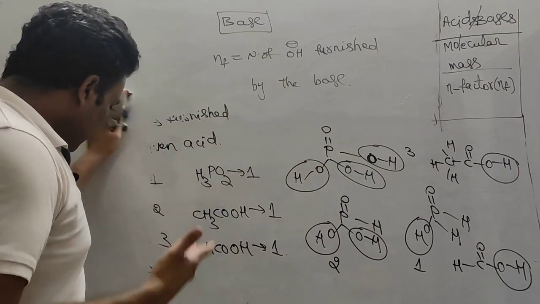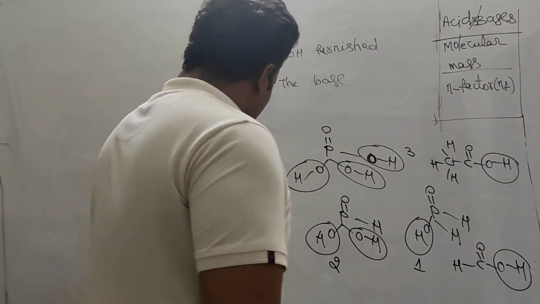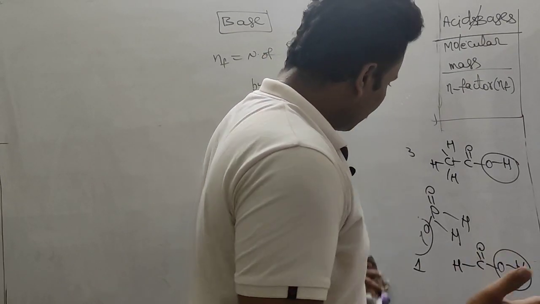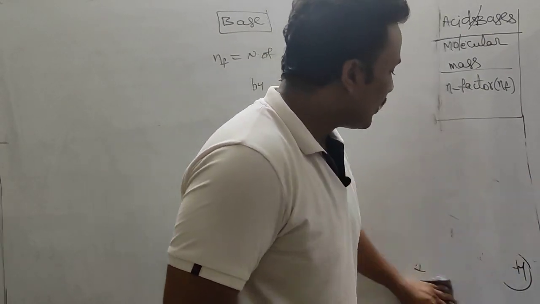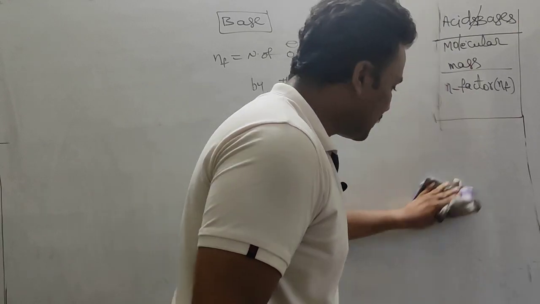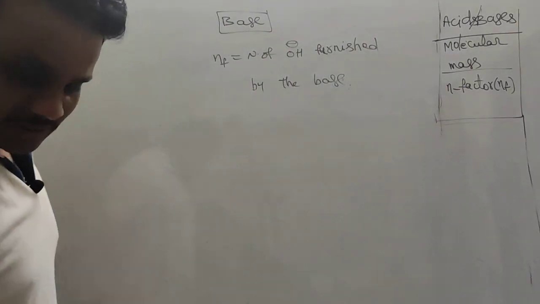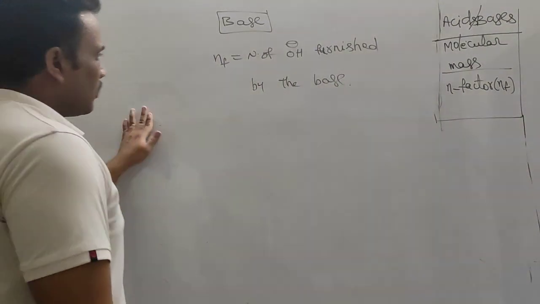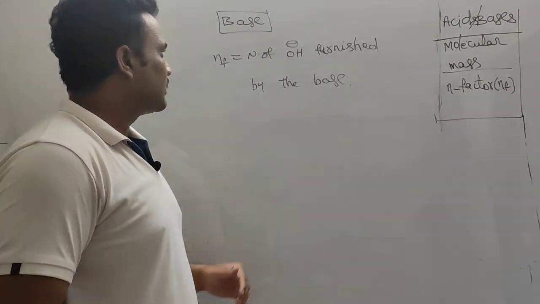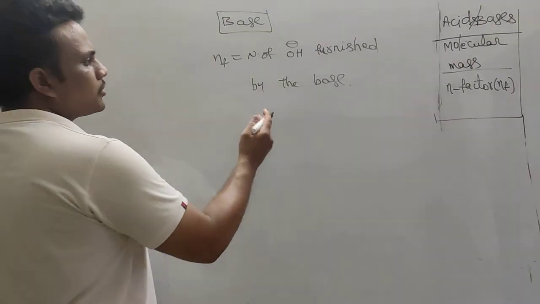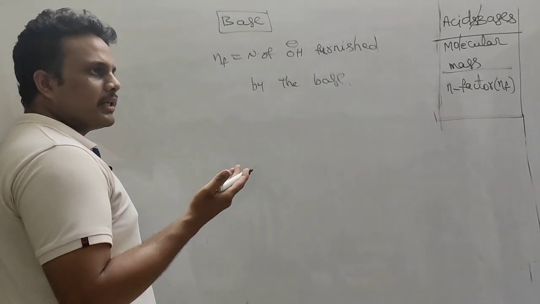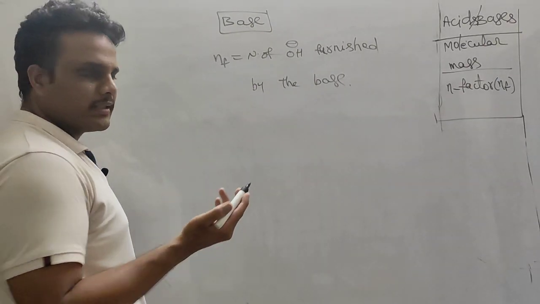For bases, it is even easier than acids, because in acids somewhere you have to find the basicity, how many replaceable hydrogens are there. But such a problem won't arise in case of bases, because by looking at the base you can find how many OH groups are there.